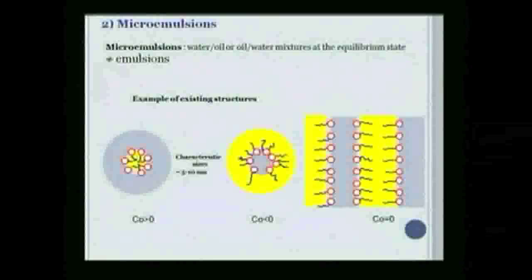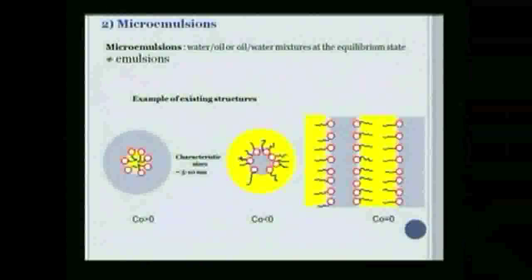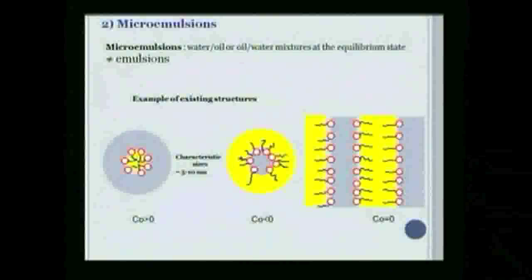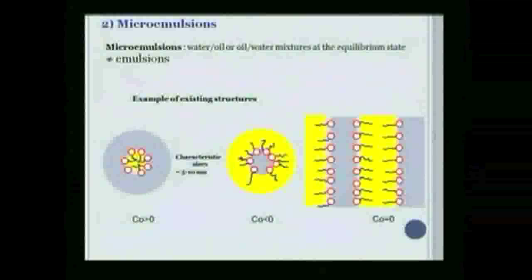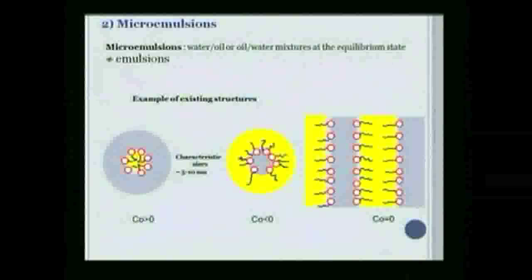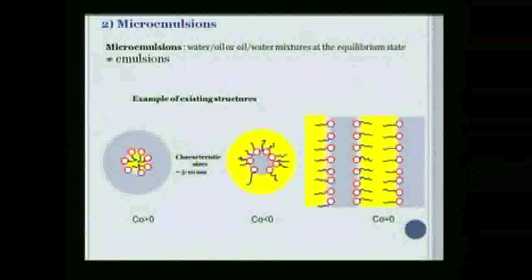Or also a lamellar structure with a spontaneous curvature equal to 0. But this time, instead of having only water between the polar heads and only the hydrophobic tails, in between the hydrophobic tails you can put oil. So you will have a sandwich of water, oil, water, oil, water, oil. And you can then encapsulate, you can take oil in your system.